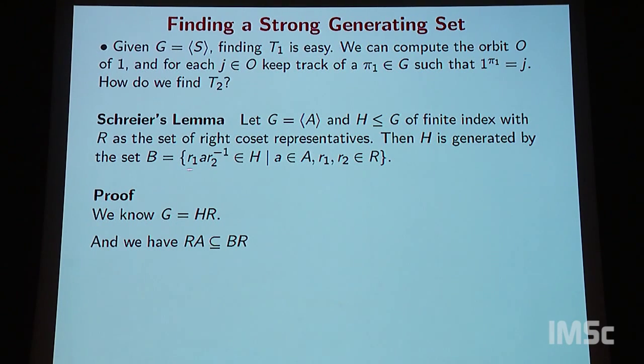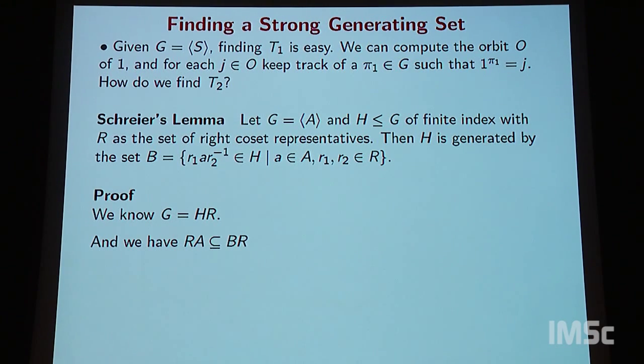How many choices of R1 do I have? Cardinality R, many choices. How many choices of A do I have? Cardinality A, many choices. How many choices of R2 do I have? Cardinality R. Okay, that's a possibility, but do I really have so many choices?